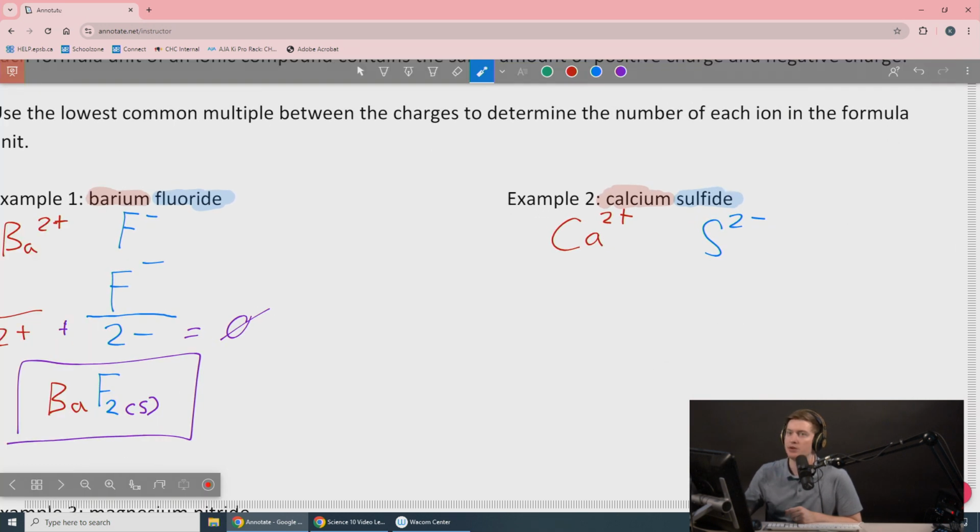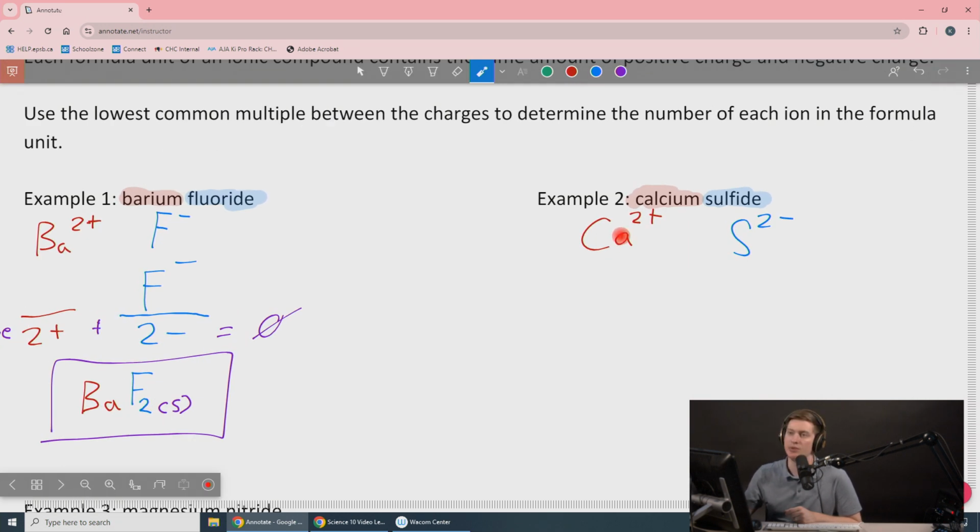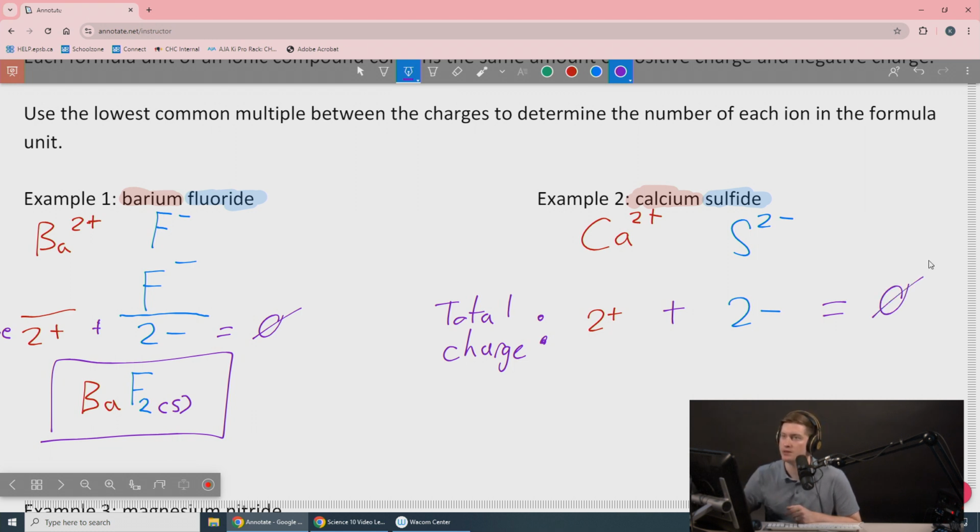Now I'm asking myself the question, how many of each of these do I need to cancel? But if you're looking here, we already have 2 plus and 2 minus. So the total charge, our positive charge, is 2 plus, and the negative charge is 2 negative, and so they already cancel. So our total charge, if we add those together, is already 0, which is what we want it to be.